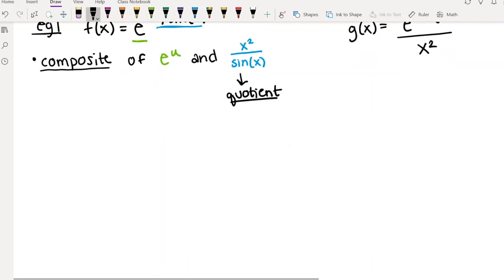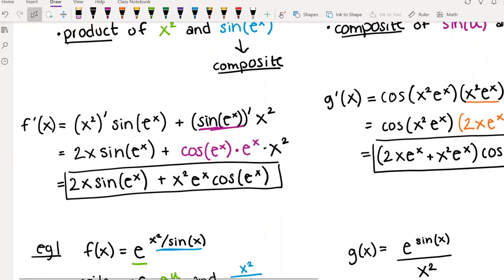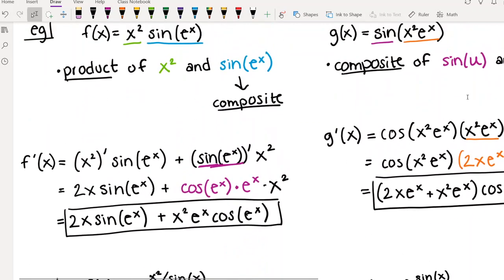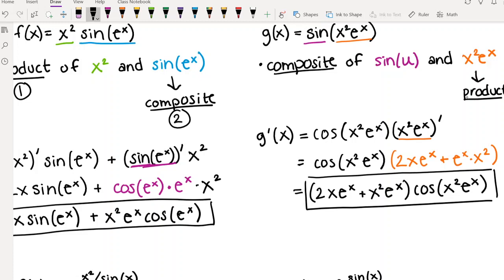So we're going to start by using the chain rule. And maybe let me add that to these, because I think that's something I should have said. Because we said product rule and then composite, that really means that you're starting by using the product rule, then doing the chain rule.